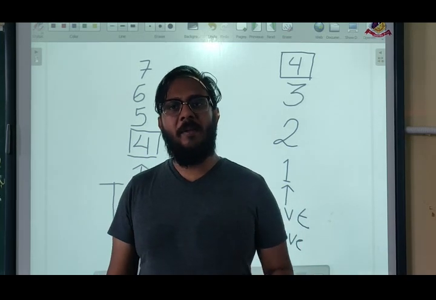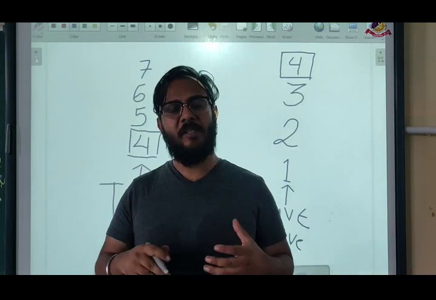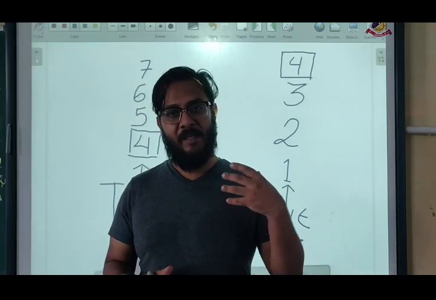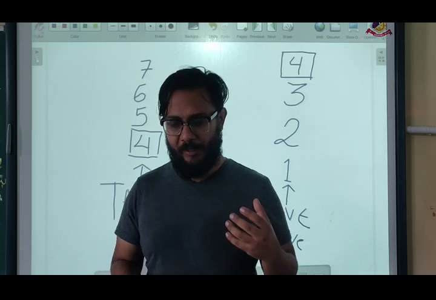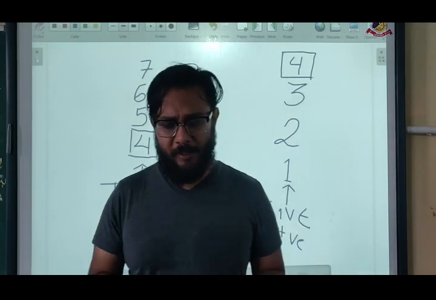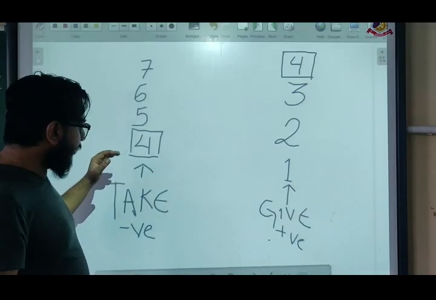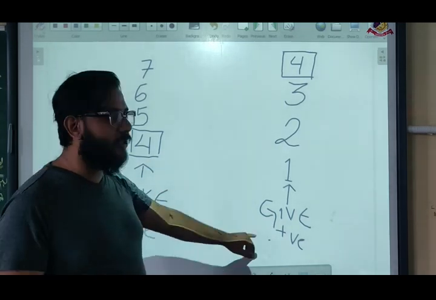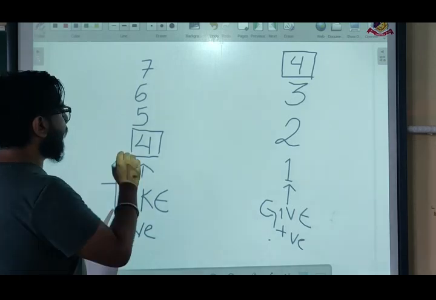It means that that's the amount of electron it can give or take. We'll study about that. Okay, so we discussed that if they take the electron, they become negatively charged. If they give the electron, they become positively charged.